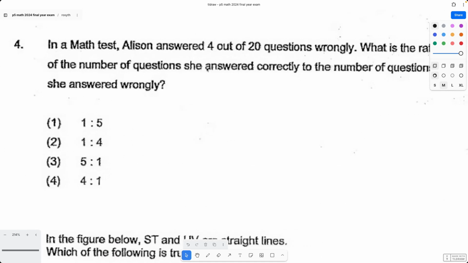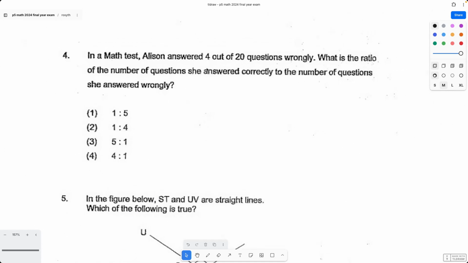Question number 4. Let me zoom out a bit. In a math test, Alison answered 4 out of 20 questions wrongly. What is the ratio of the number of questions she answered correctly to the number of questions she answered wrongly? We know that total questions is 20, and answered wrongly is 4.